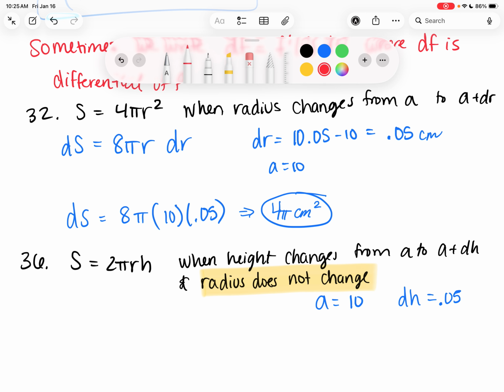So I've got ds is equal to 2 pi r times the derivative of H, which is just dH. So in this particular problem, our A value, or what would be our H, isn't relevant because when I took the derivative, it went away. So I essentially don't even need the 10.